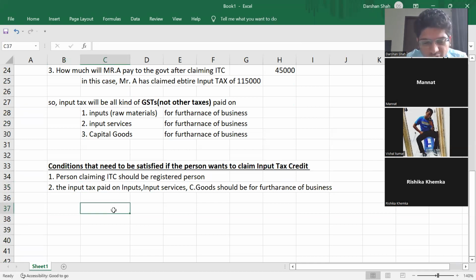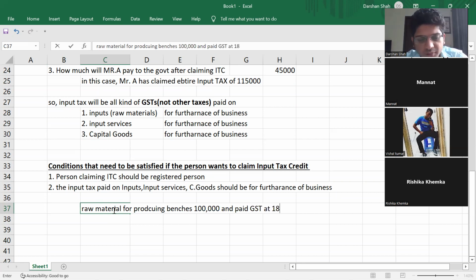He has taken two types of raw material. So raw material for producing benches, 1 lakh, and paid GST at 18%.